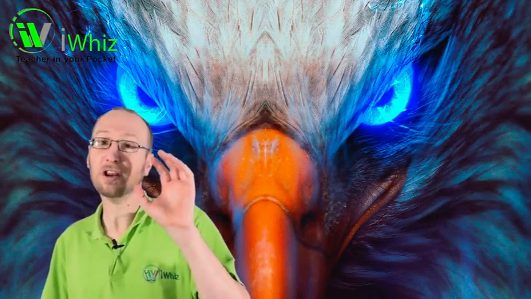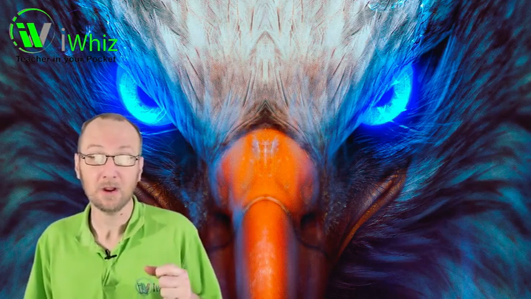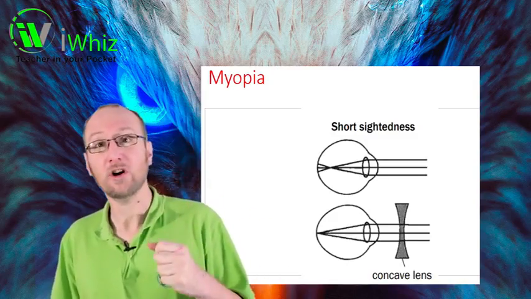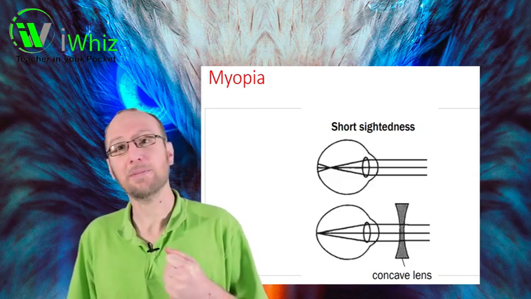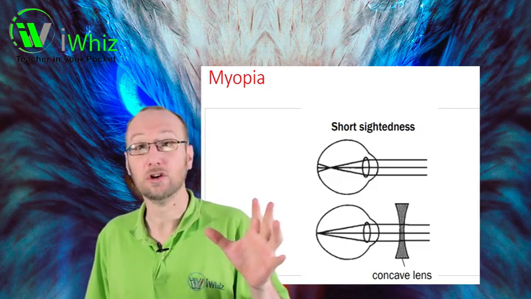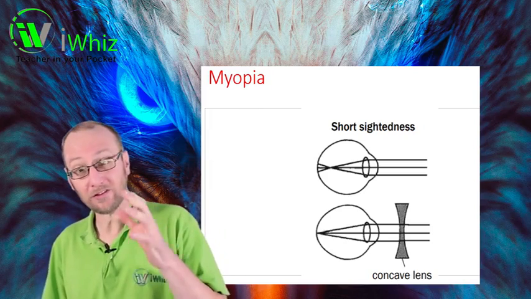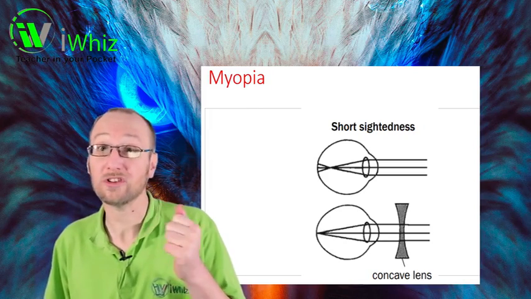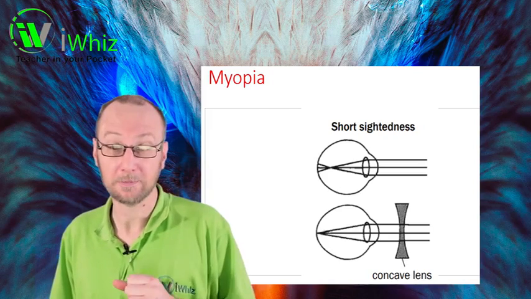The first thing we're going to look at is a very common eye defect. We all call it short-sightedness. In other words, you're only able to see things that are close to you and battle to see things that are far away, or the things that are far away look blurry. This, like I said, is called short-sightedness, or lots of times people will call it myopia.